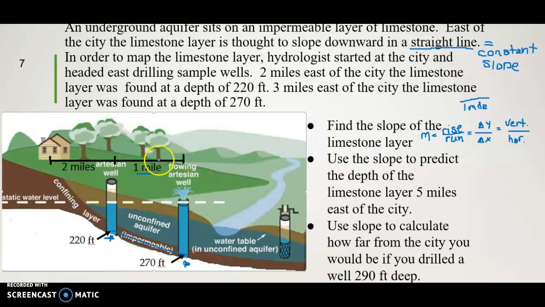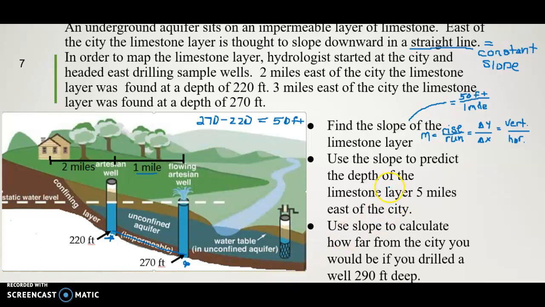Our second well is 270 feet, our first one was 220 feet, and so we subtract them to find that it has changed by 50 feet. So my slope is 50 feet per mile. In this case, it goes downhill, deeper 50 feet every mile.